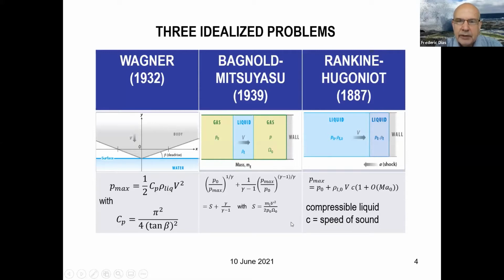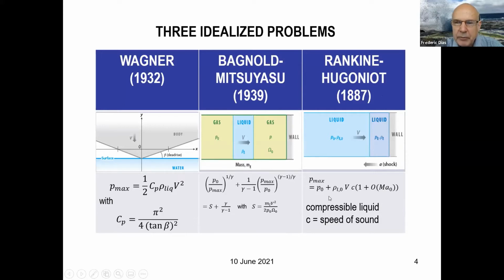And the last one, even older, which is well known for people studying shocks, is the Rankine-Hugoniot example. Here it's represented as some liquid impacting another liquid and then the wall, but the liquid here is considered to be compressible.